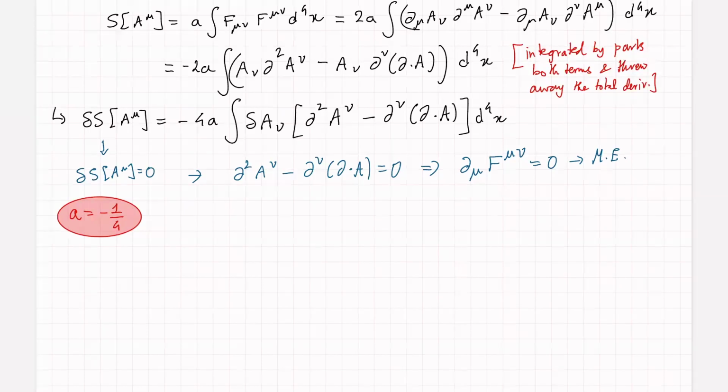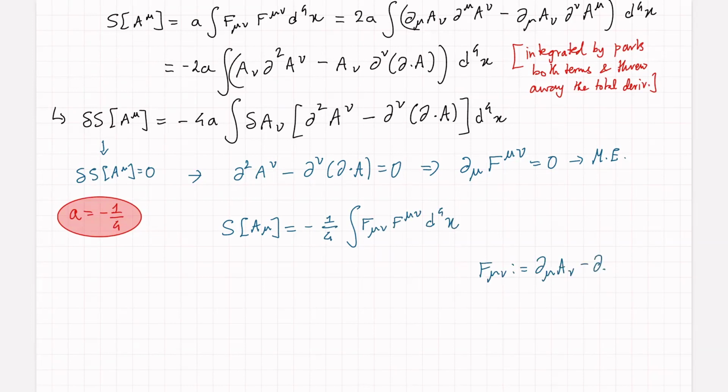So finally, our candidate action that reproduces the free Maxwell theory, and we have argued that this is pretty much the unique action that you can write down, is this. Remember that F_mu nu is defined as del_mu A_nu minus del_nu A_mu.